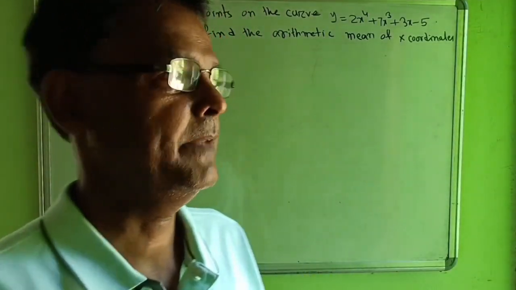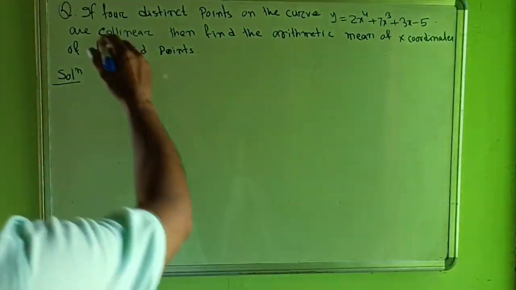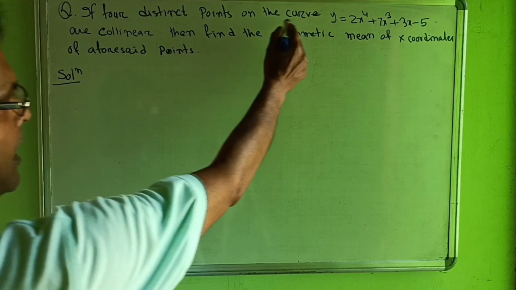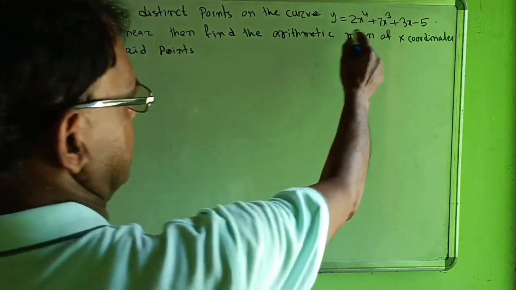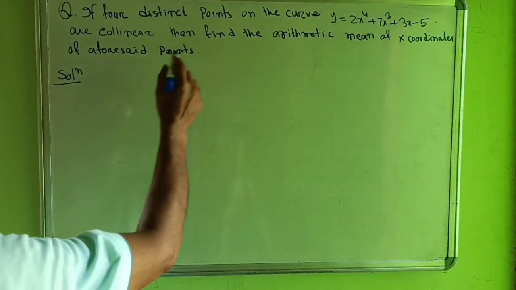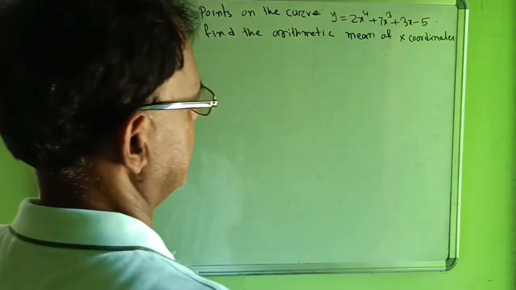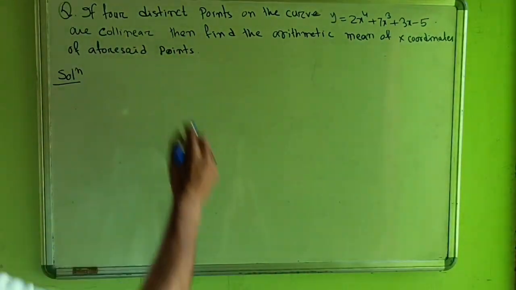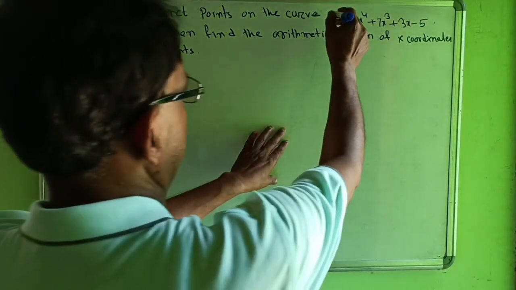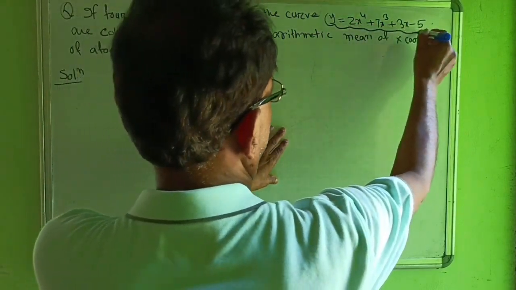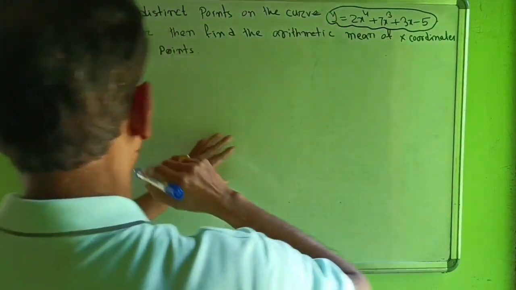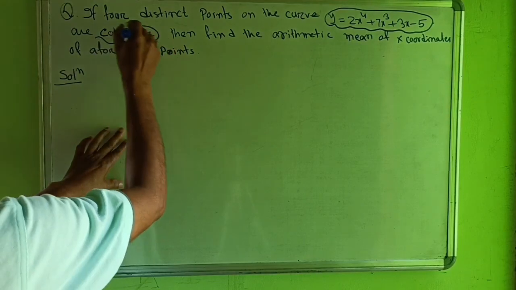The next problem: if 4 distinct points on the curve y is equal to this are collinear, find the arithmetic mean of the x coordinates of the aforesaid points. The curve is given, and the points are collinear, which is very important.